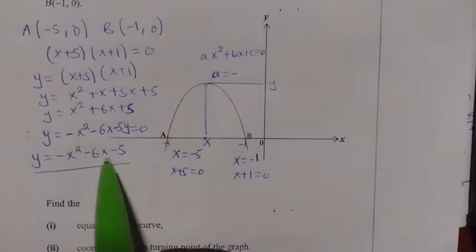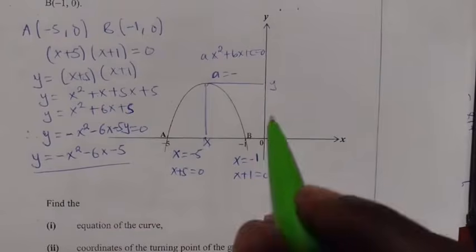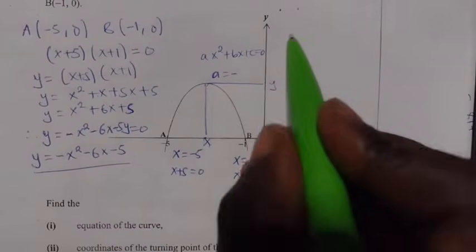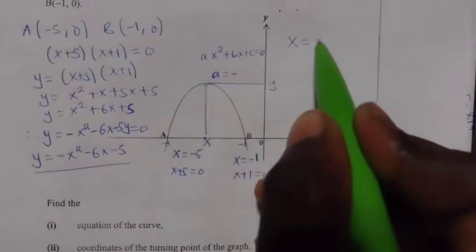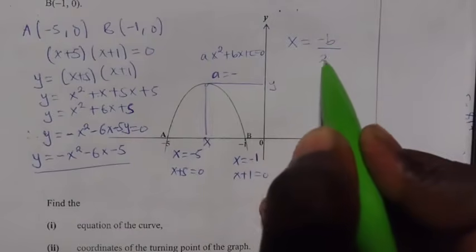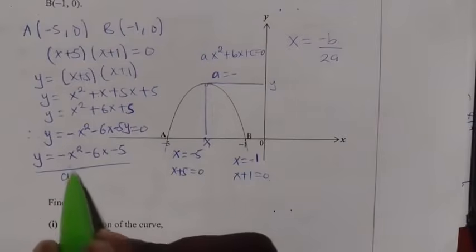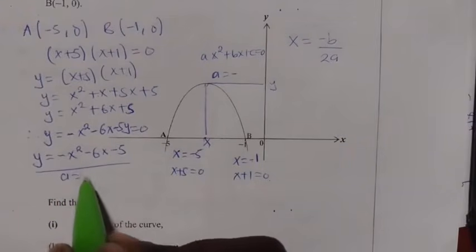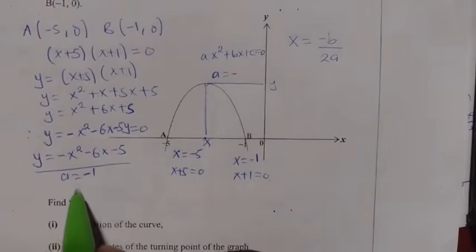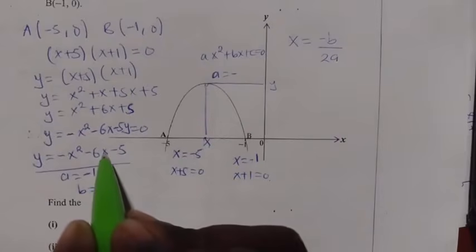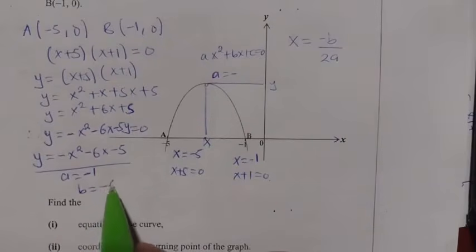So in order to find them, we are going to use this same equation. We start with the x coordinate. We will use this formula, x is equal to -b over 2a. From this equation, the coefficient of x squared is -1, so a is equal to -1, and b is equal to -6, right here.